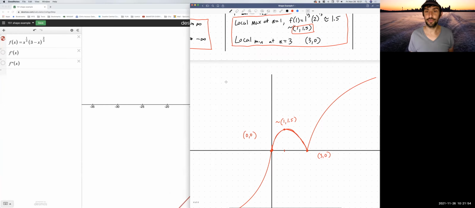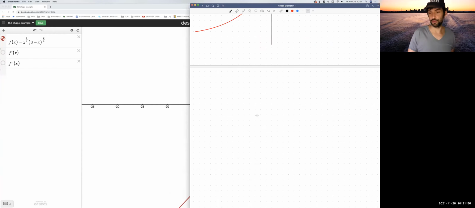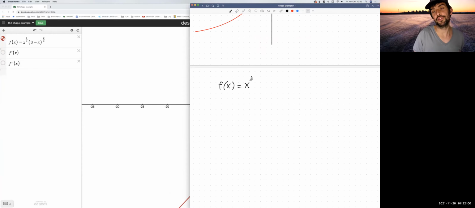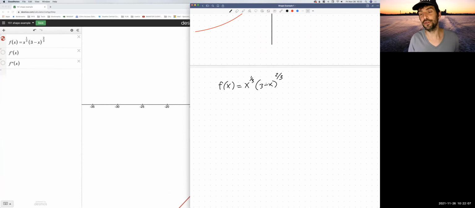This will be the last comment I'll make. Remember, our function was f of x equals x to the 1/3 times (3 minus x) to the 2/3. If we're putting in numbers like a billion, this 3 doesn't really matter.